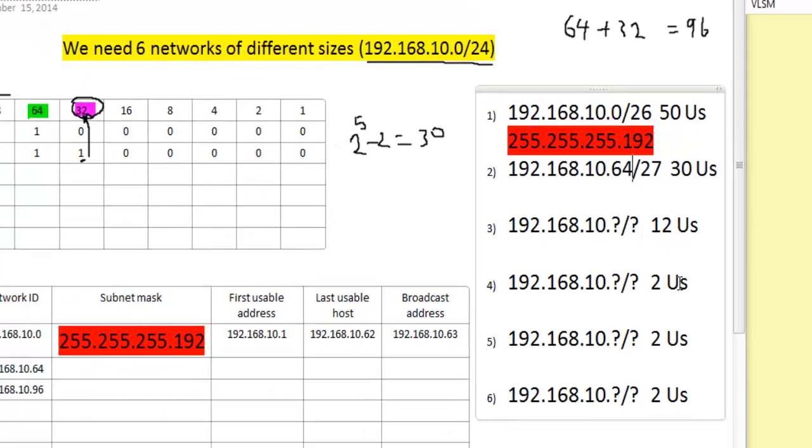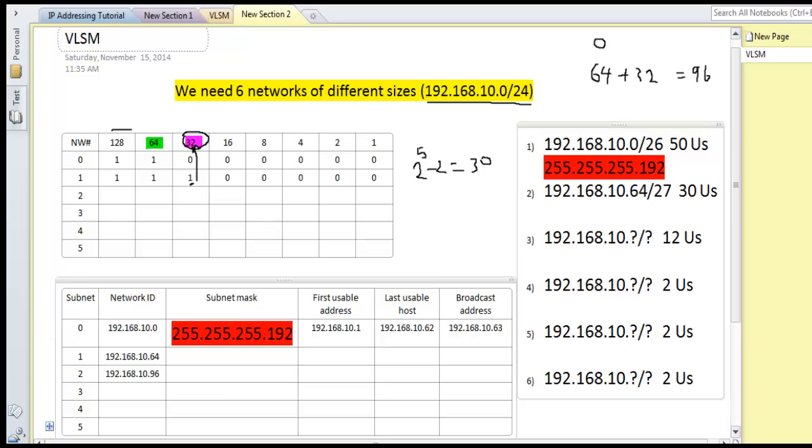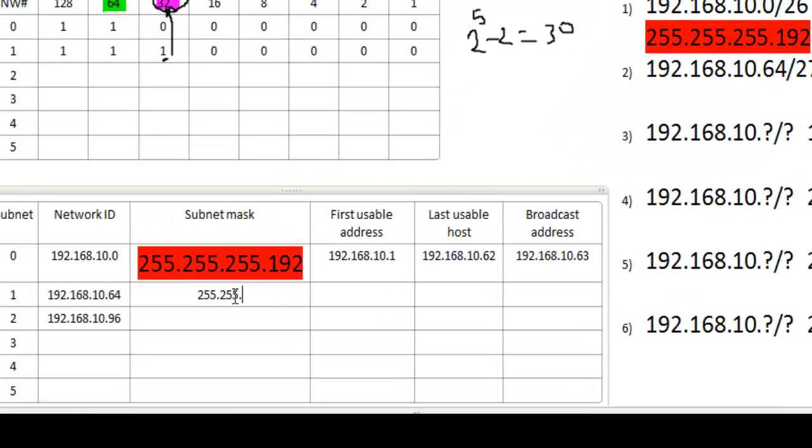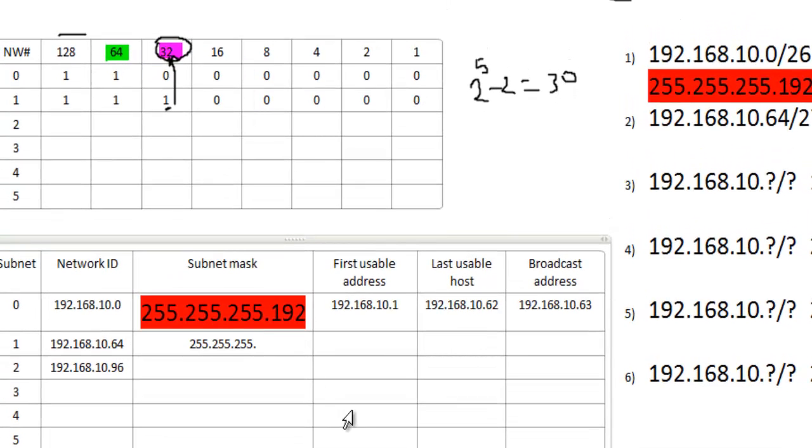Right? For the subnet mask, it's 255.255.255.224. Those are three ones, so when you do 128 plus 64 plus 32, that gives you 224.